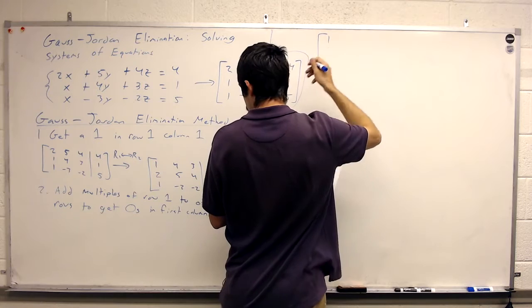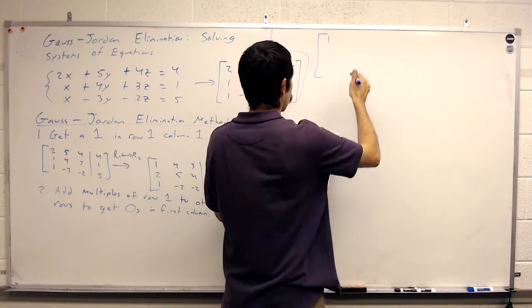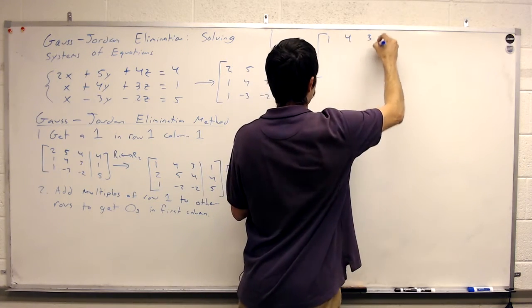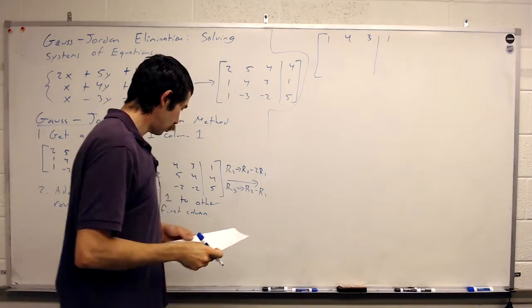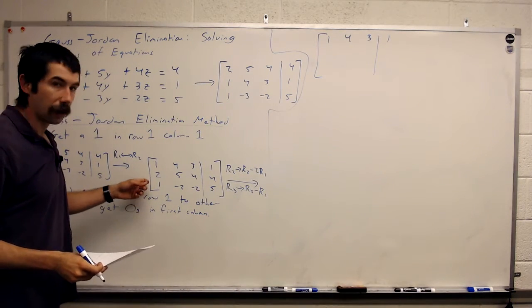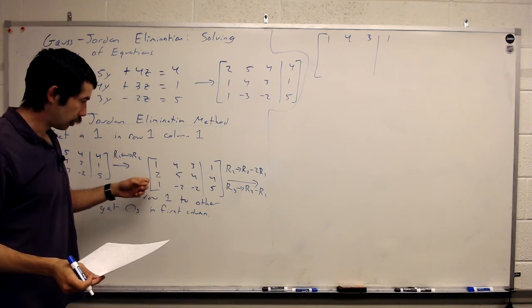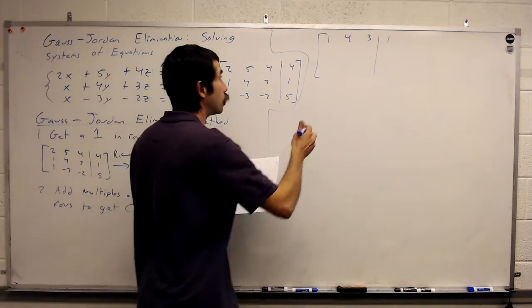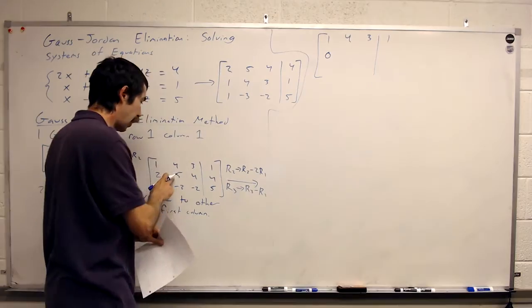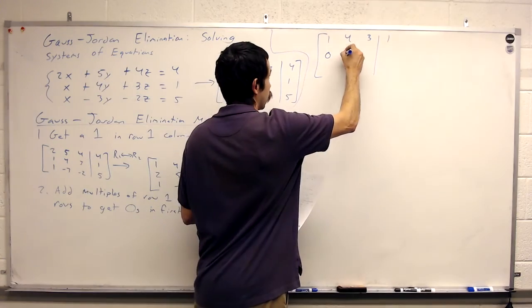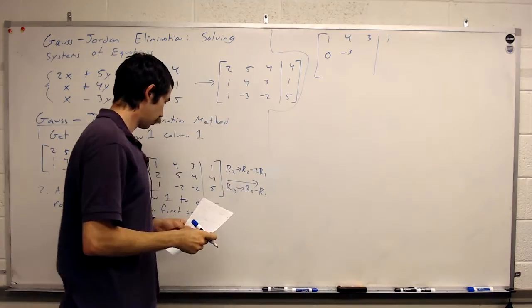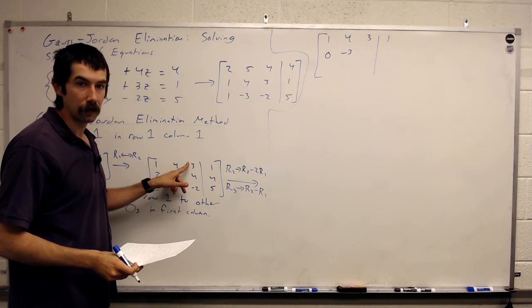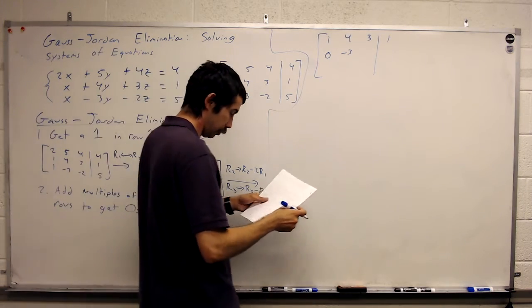So row 1 stays the same. And row 2, 2 minus 2 is 0. 5 minus 8 is -3. 4 minus 6 is -2.